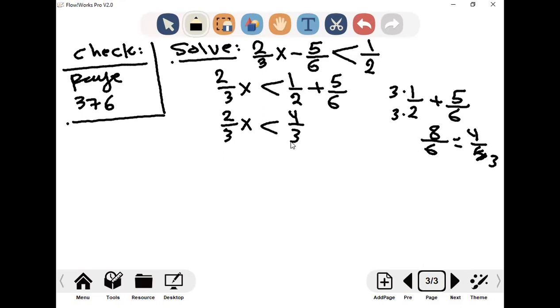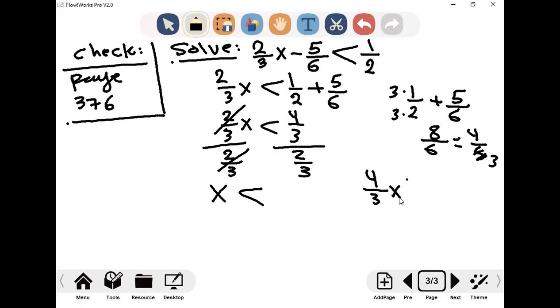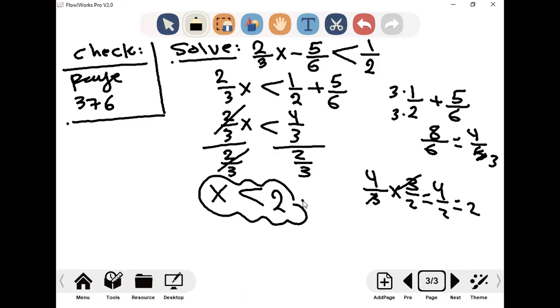So here I will divide both sides by 2 over 3. x less than, the first one stays the same, multiply by 3 over 2, the 3 is 4 over 2, it will be 12 over 6, right? So x less than 2. Have it 2, open circle to the left.